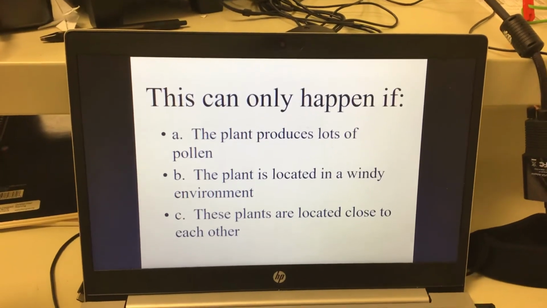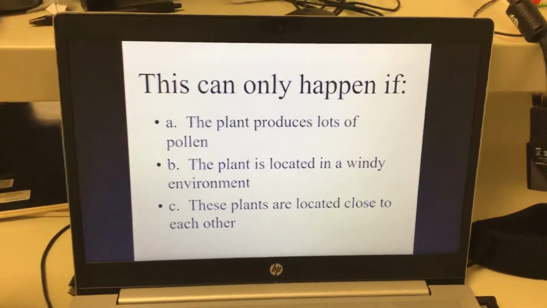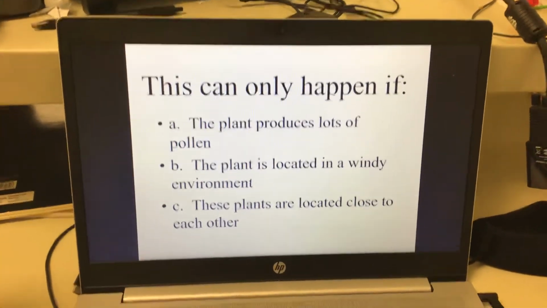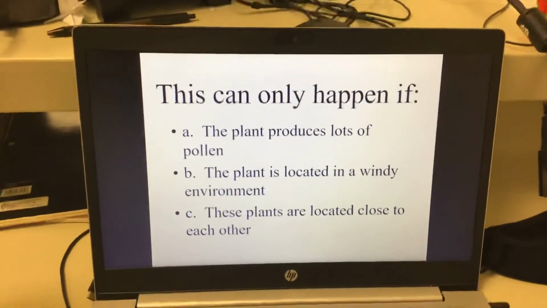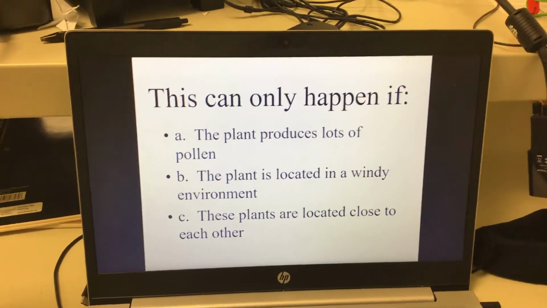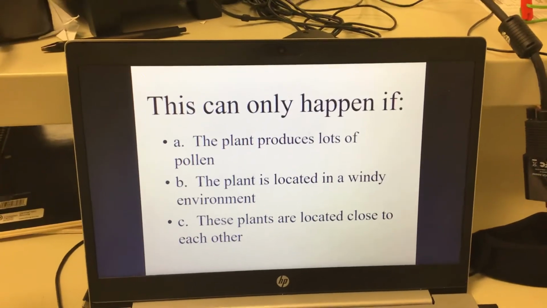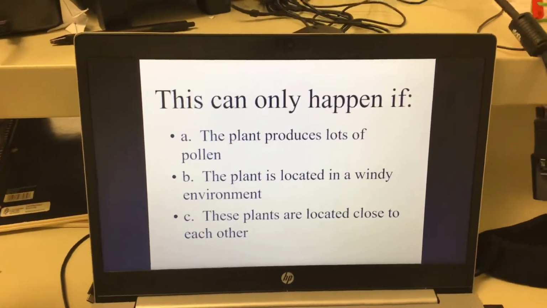But if it makes a ton of it, some of it's bound to go where it needs to be. Another example, evergreen trees do the same thing. Just produce tons and tons of pollen. The wind takes it. Remember, evergreen trees, gymnosperms, do not have flowers. So they rely on the wind.